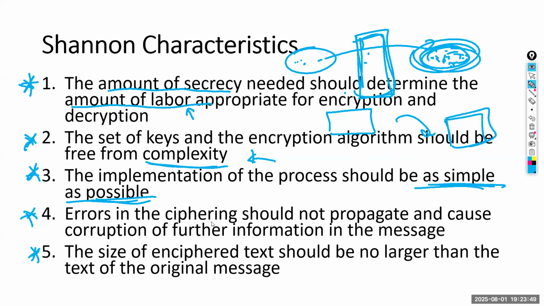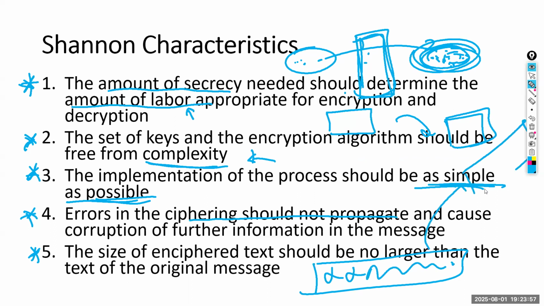The fourth one says errors in ciphering should not propagate. Remember, when you encrypt maybe a document into ciphertext, there can be errors, of course. Ideally, there must not be any errors, but in case there's an error happening while encrypting this part, only this part must be unusable when you decrypt.